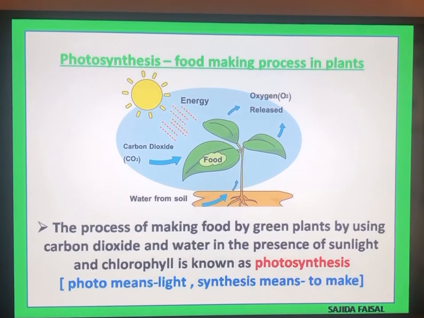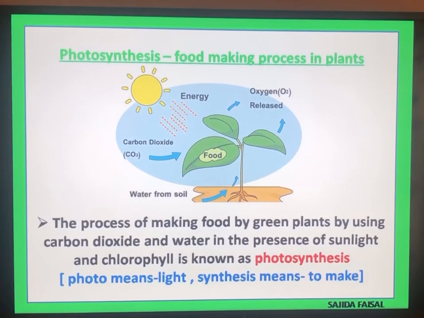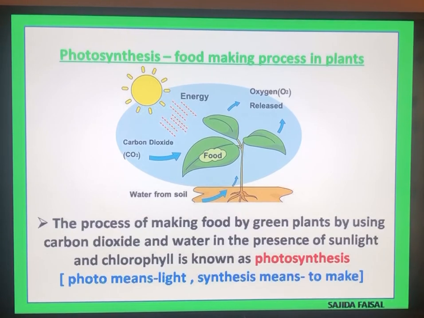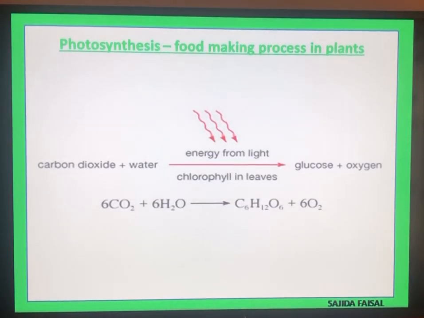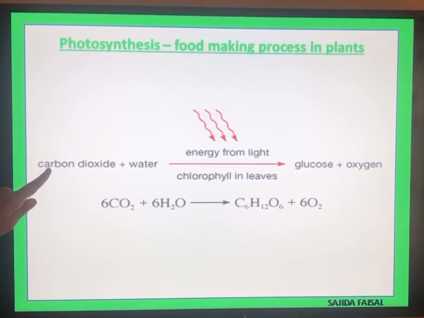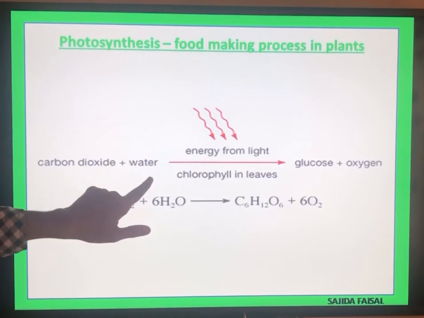The process of making food by green plants by using carbon dioxide and water in the presence of sunlight and chlorophyll is called photosynthesis. Let us check the equation. The plants are taking carbon dioxide and water. Carbon dioxide from the atmosphere, water from the soil.